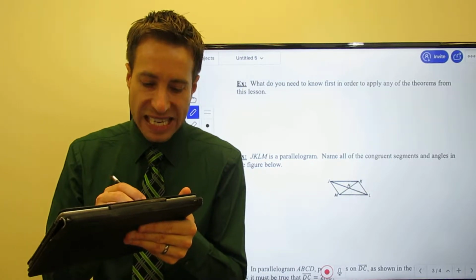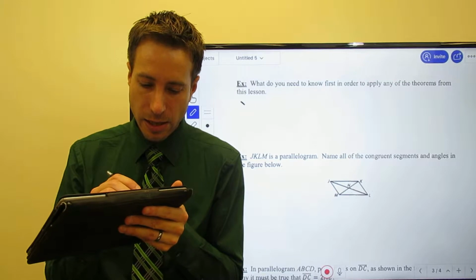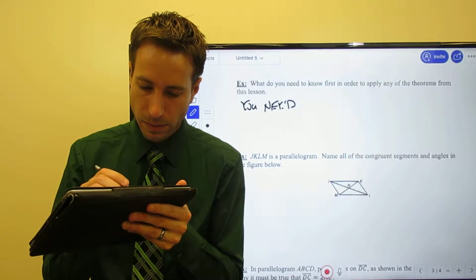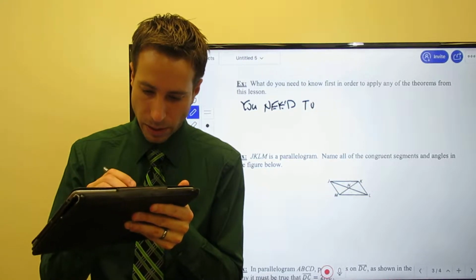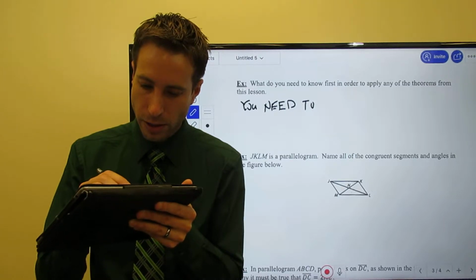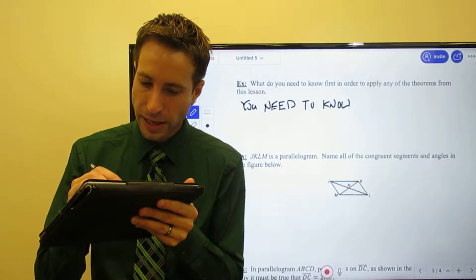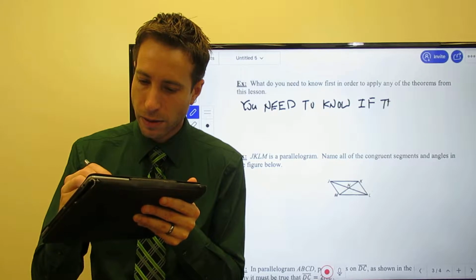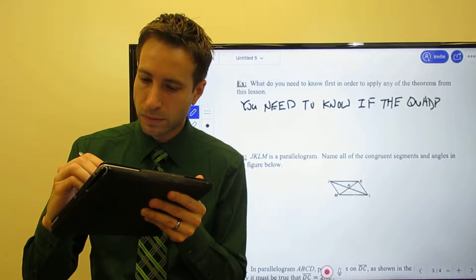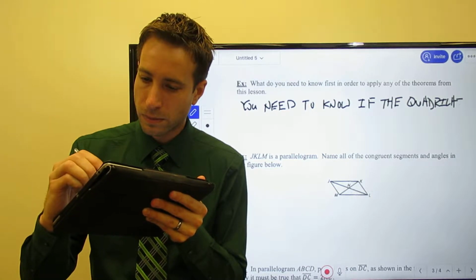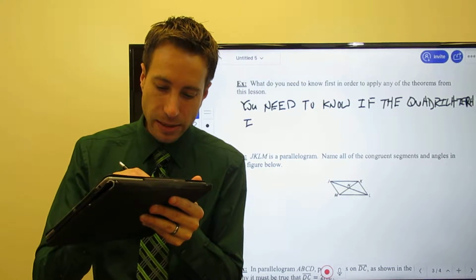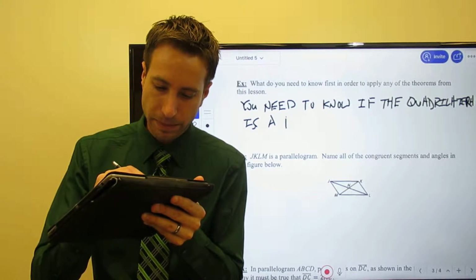So what you would need to know is if the quadrilateral is a parallelogram.